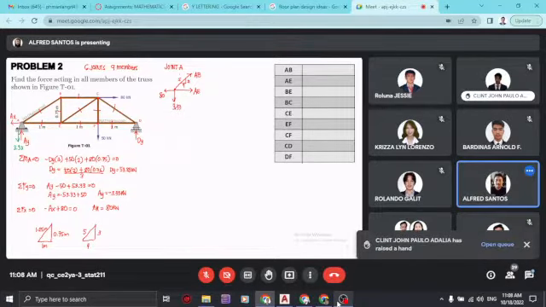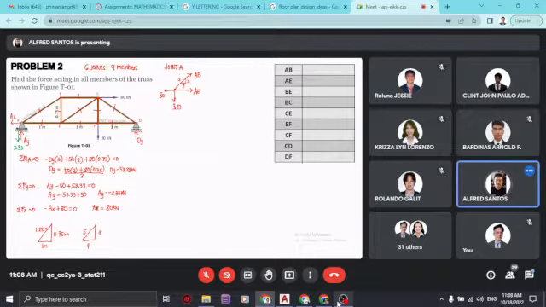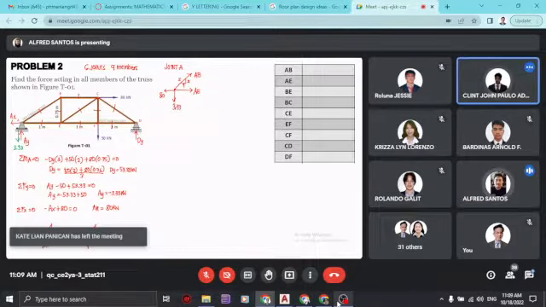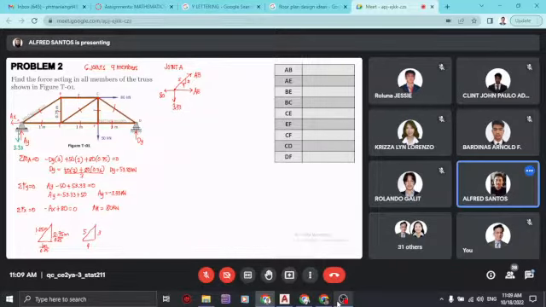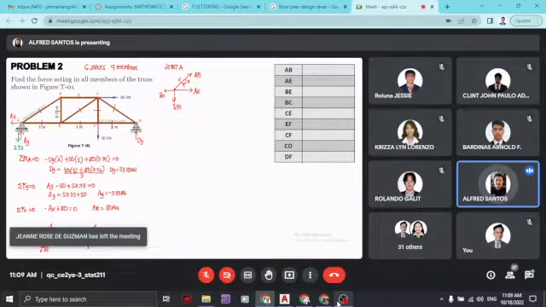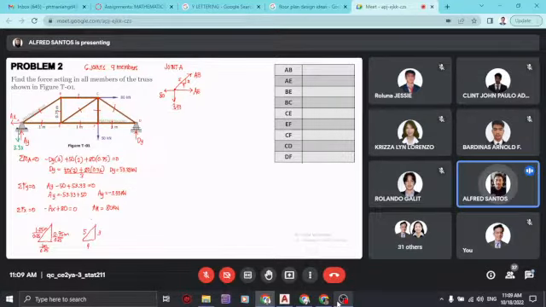Yes, Clint, you have question? Sir, yung sa 3, 4, 5 po, pwede po siya gamitin lagi? Hindi. Depende sa given. Kasi ito, pag dinivide mo to ng 0.25, ito, dinivide mo ng 0.25, ito, dinivide mo rin ng 0.25, sagot dyan is 3, 4, 5. Sa case lang na to, pwede siya.